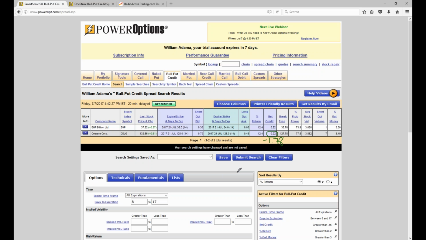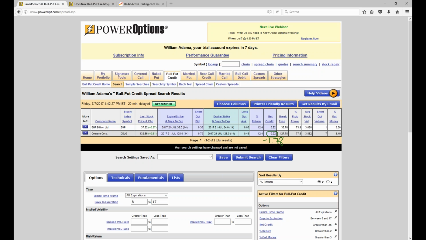Still, that's not good. Don't get me wrong. But what we're talking about there is that we're wiping out essentially 12 trades. If I took the full loss of 178 on that 2 point spread, I wiped out 12 previous trades.